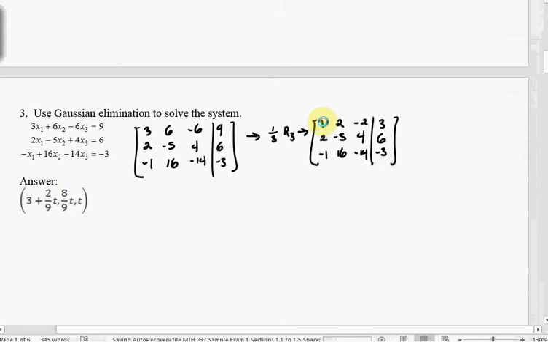So we use the A11 to get a 0 where the 2 is, and then use A11 to get a 0 where that negative 1 is. So negative 2 times row 1 plus row 2, then row 1 plus row 3.